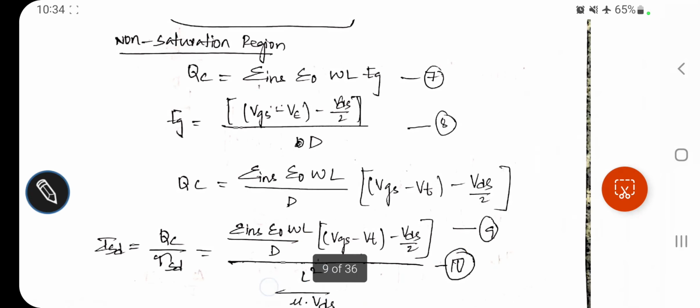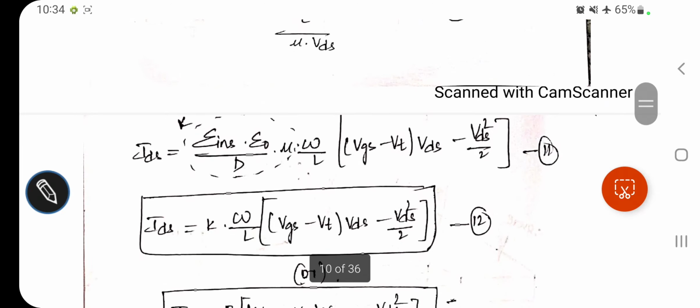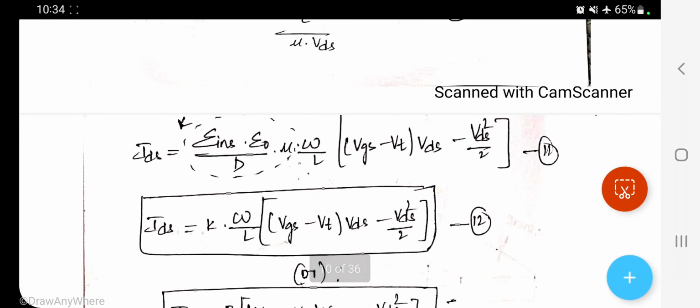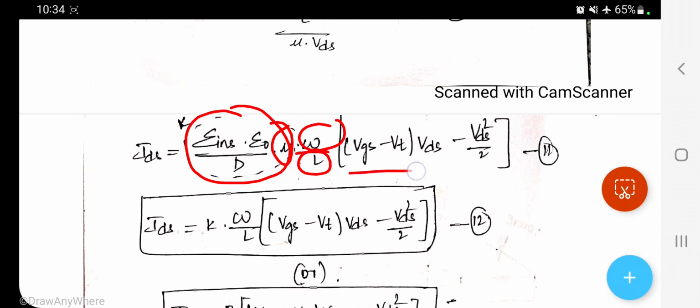So in the next step we get the equation: epsilon ins epsilon naught by D, and mu, mobility of the carriers, W is present, L is present. This VDS, which comes in the numerator, is multiplied for both the terms. So we get VGS minus VT into VDS minus VDS square by 2. Right. So now this epsilon ins epsilon naught by D can be replaced with K.